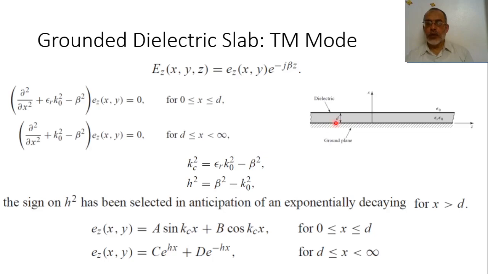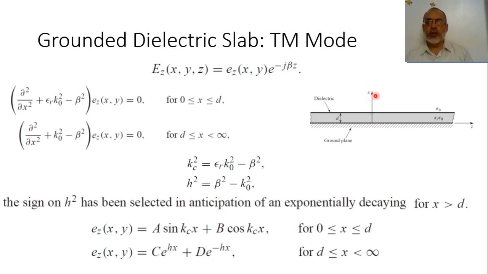However, the value k naught squared minus beta squared should be negative, such that the wave decays exponentially along the x direction outside the dielectric slab. So, in the case of a propagating mode inside the grounded dielectric slab, the wave is propagating in the dielectric medium and evanescent, decaying, outside the dielectric medium.